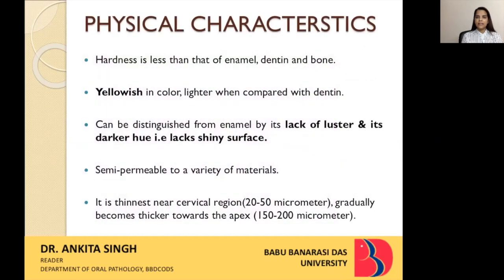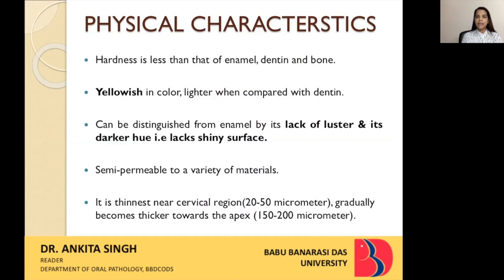The physical characteristic: its hardness is less than that of enamel, dentine, and bone. It is yellow in color and it is lighter when compared with dentine. It can be distinguished from enamel by its lack of luster and its darker hue.